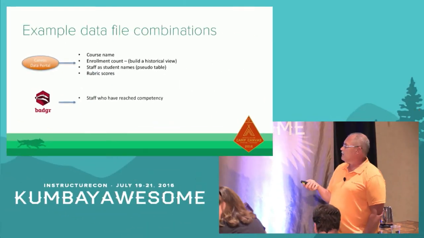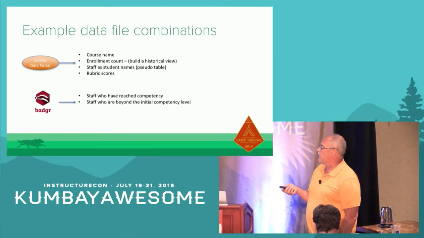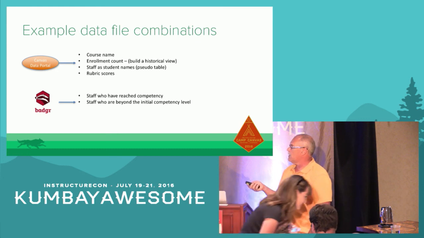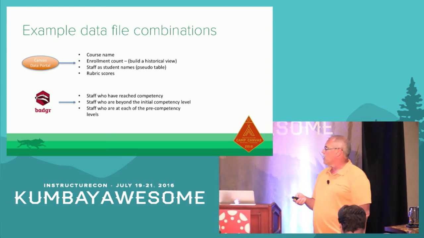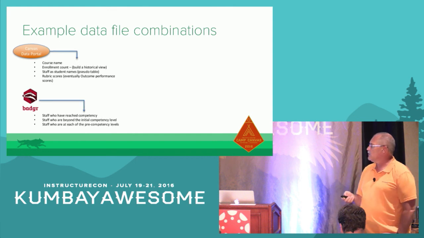I don't have an idea when they'll be there, but in Badger, we'll gauge the staff who have reached competency levels, staff who are beyond the initial competency level, and staff who are at each of the pre-competency levels.